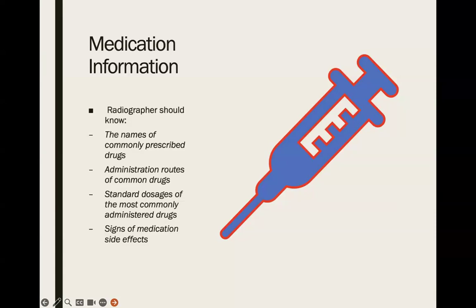Administration routes of those common drugs. We really need to know the administration route of our contrasts. Some contrasts can be given IV and orally. Some contrasts can only be given orally. We need to know that. Standard dosage of most commonly administered drugs. So how much does the patient usually get if we have to give them that medication? And then signs of medication side effects, especially if a patient is having an allergic reaction.